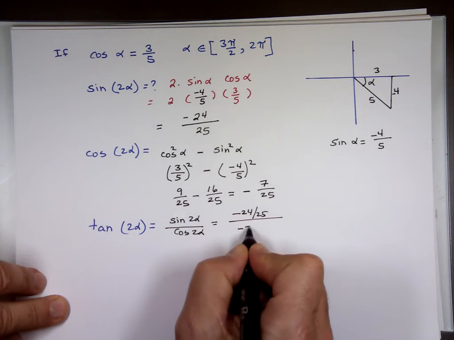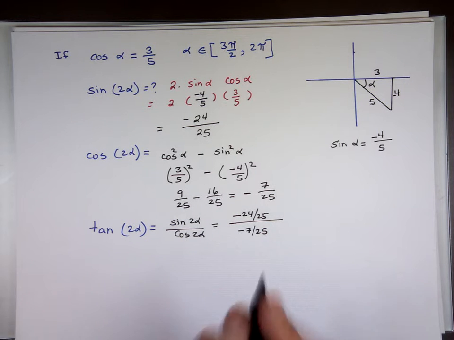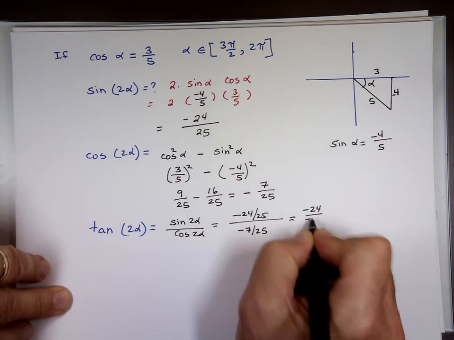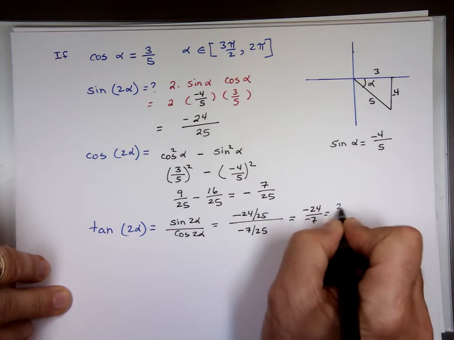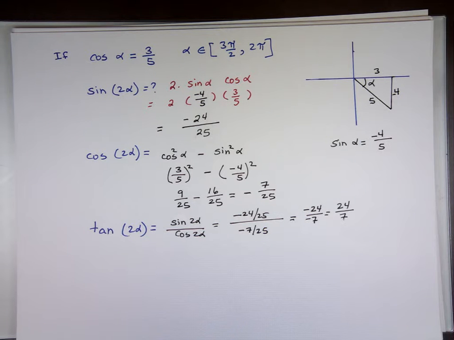Negative 7 over 25. You multiply both sides by 25, you end up with negative 24 over negative 7, which is 24 over 7. Positive, right?